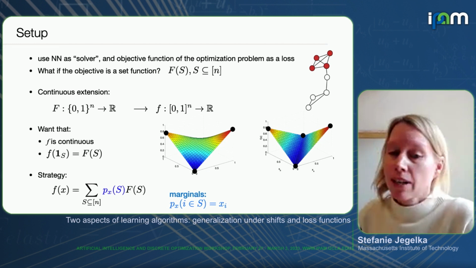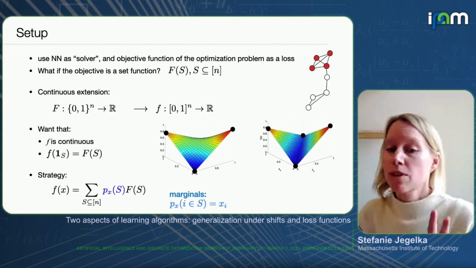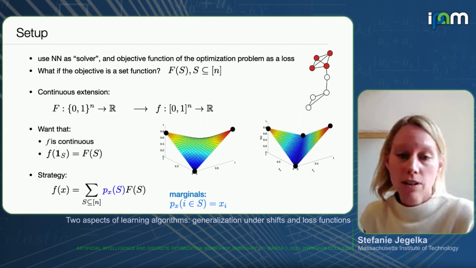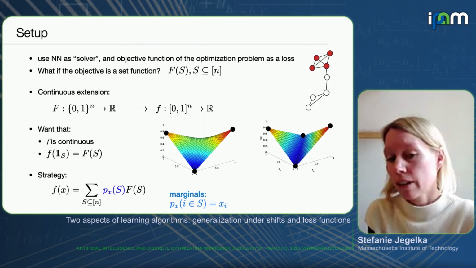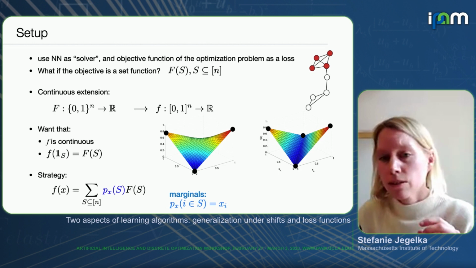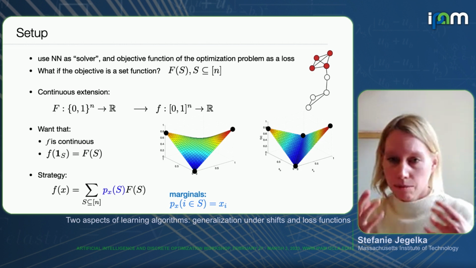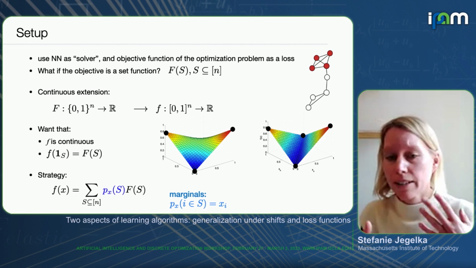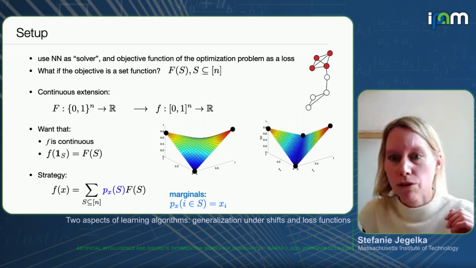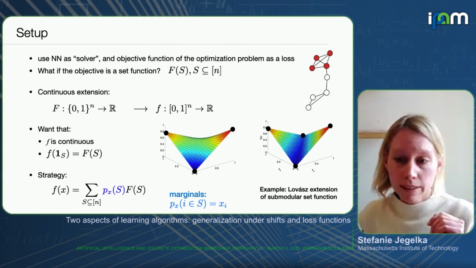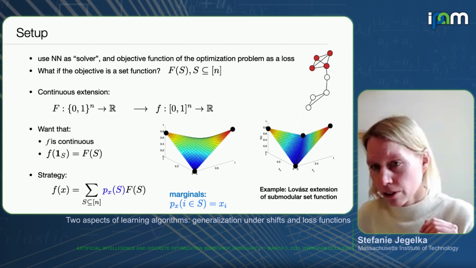But even if I have the marginals, there are a lot of different distributions with the same marginals. So the question is, how do I couple these items? On the left, the plot is for an independent distribution, where all the items are independent, a product distribution. On the right is the so-called Lovász extension of that cut function.